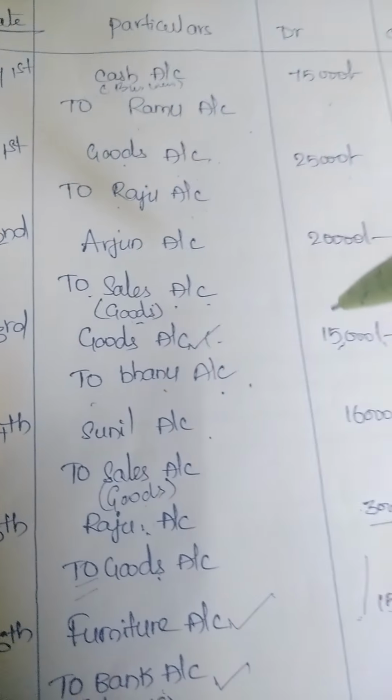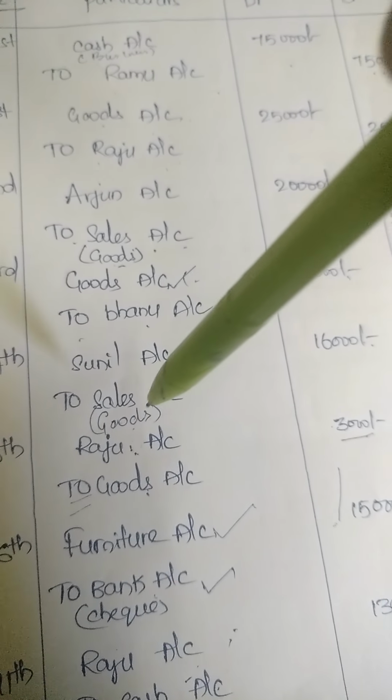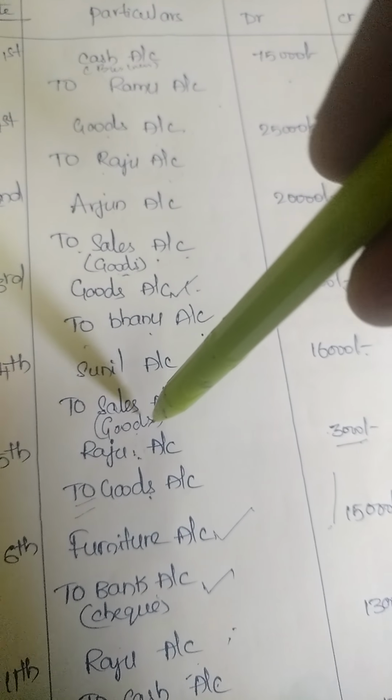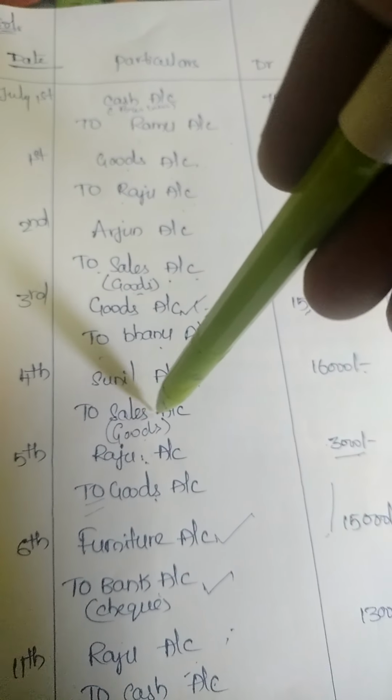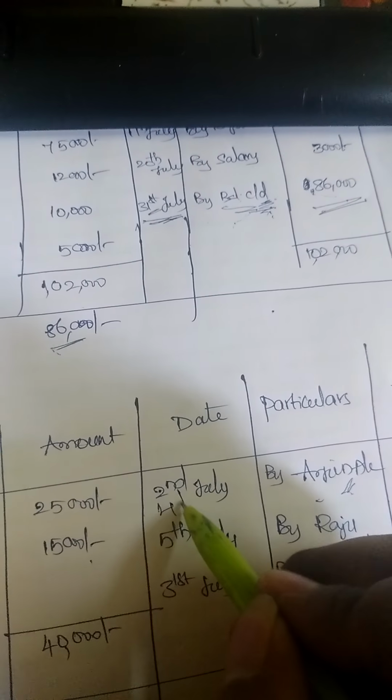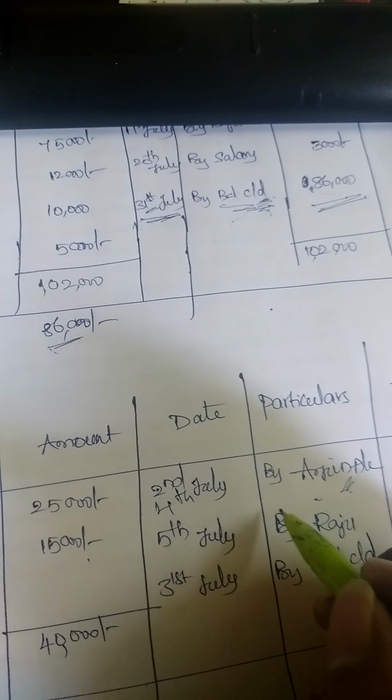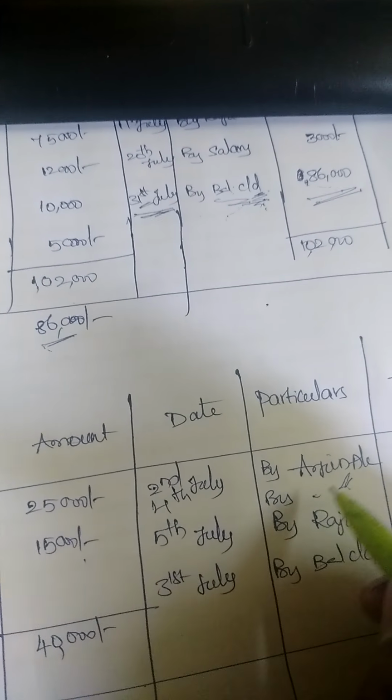Next, any transaction with to goods, again we have one more transaction, that is goods, that is Sunil on 4th July, by Sunil.